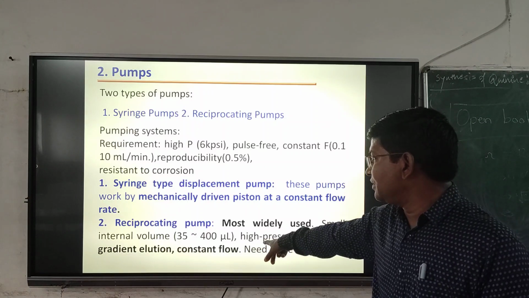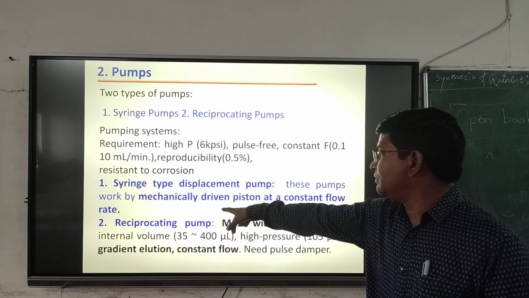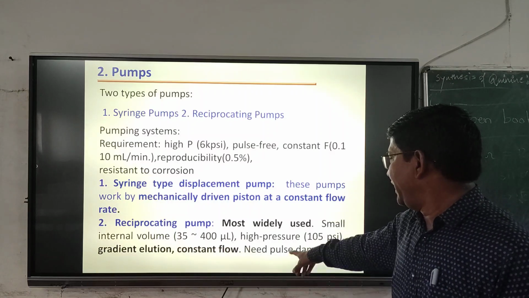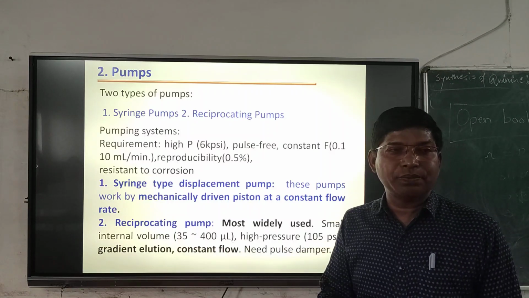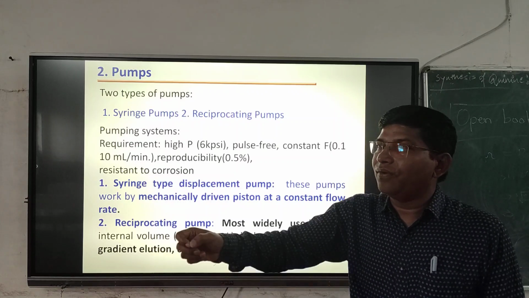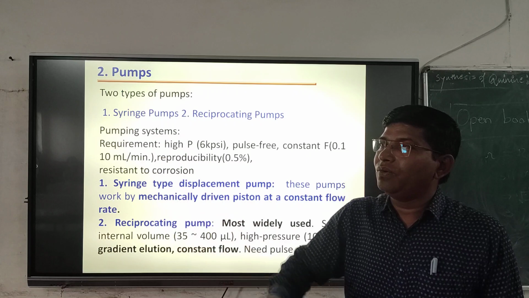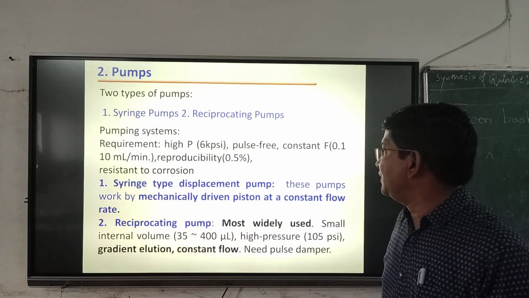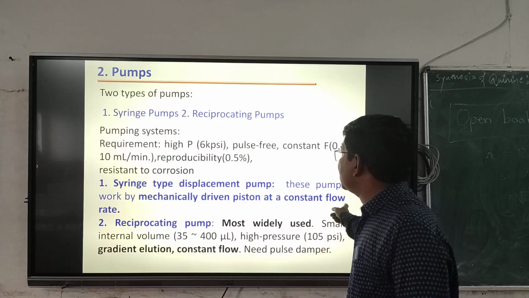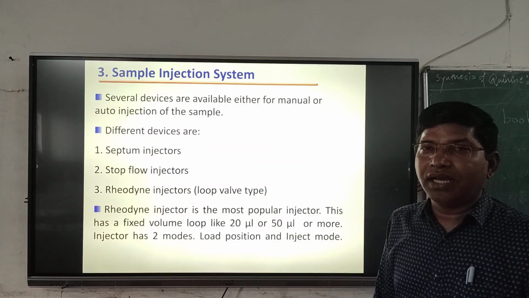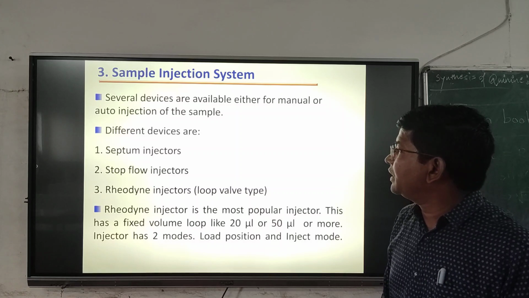It should have a constant flow, and it is used in gradient elution, and it should be pulse free. Pulse free means the solvent will flow at a particular velocity. It should not change with time, because it will affect the separation of the compound mixture and the resolution of peaks from the column.